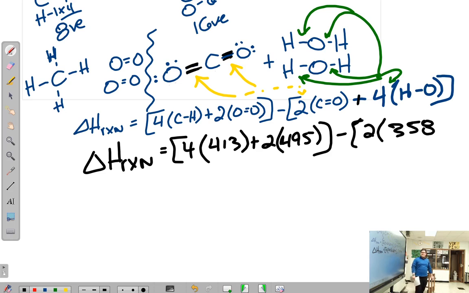The carbon and oxygen single bond. Yeah, so I looked at the wrong value. That's not what I want. I want the 799 number for the double bond. Plus 4 times the oxygen hydrogen bond, 463.